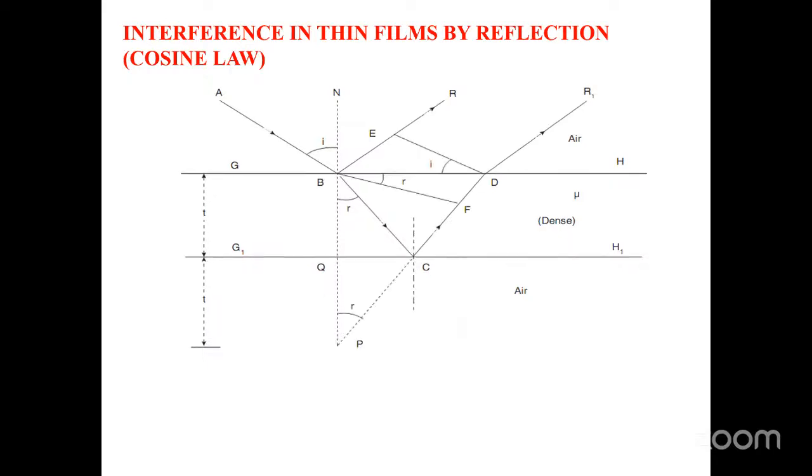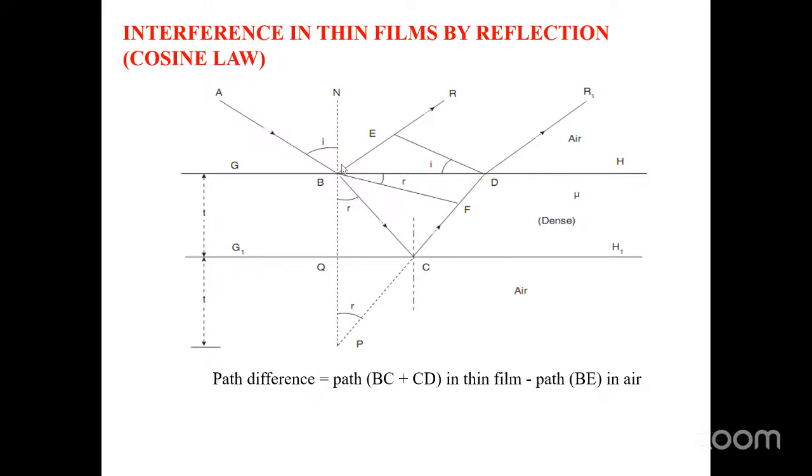Next, what is the path difference? The path difference is the path BC plus CD in the film. This is the film, GH and G dash H dash, of thickness small t, indicating a thin film, minus path BE in air.